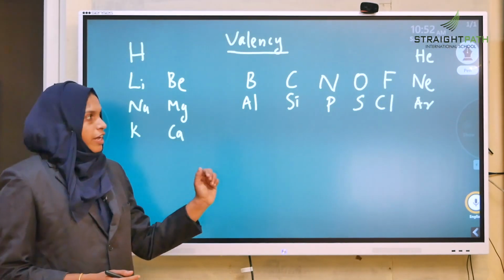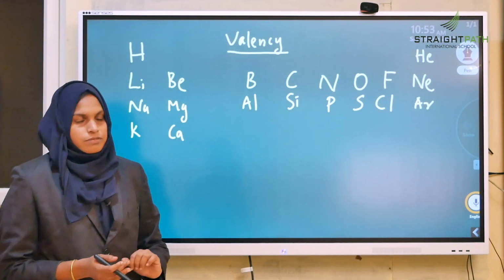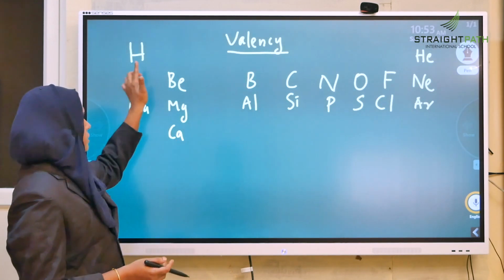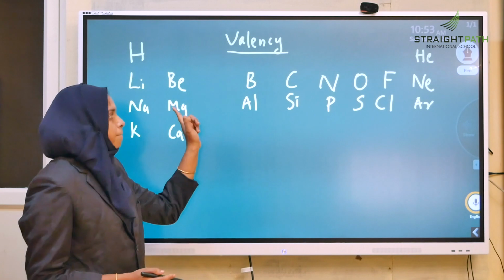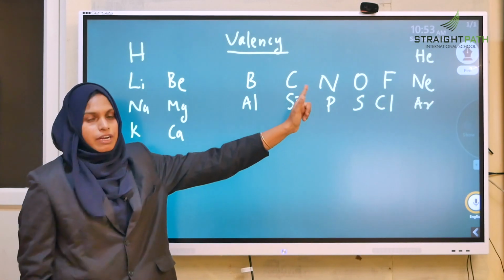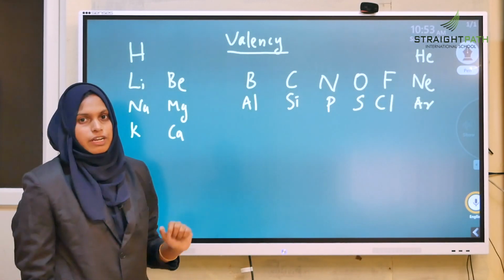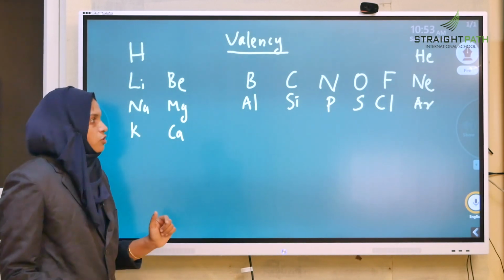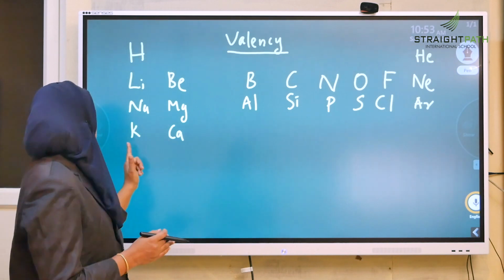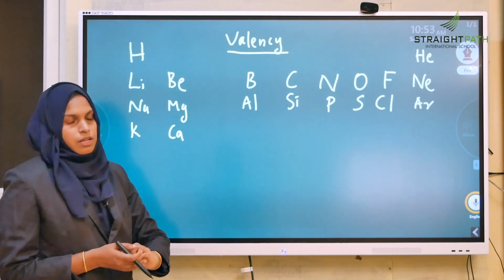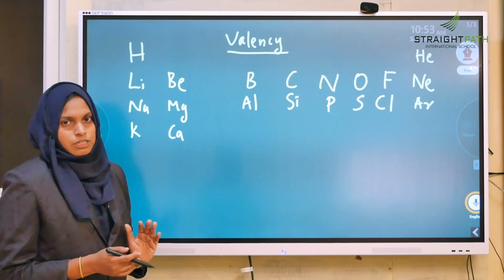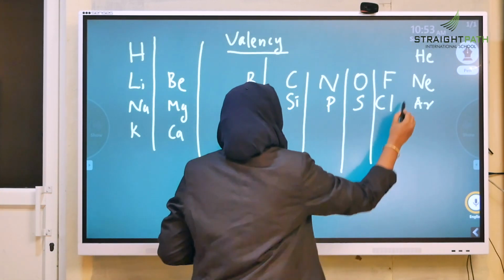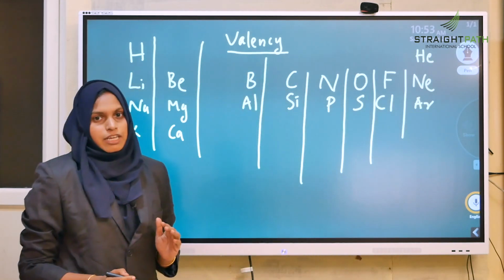Let me write the first 20 elements like this: hydrogen, helium, lithium, beryllium, boron, carbon, nitrogen, oxygen, fluorine, neon, then sodium, magnesium, aluminium, silicon, phosphorus, sulfur, chlorine, argon, potassium and calcium. Like this we write and then arrange it in columns. This is an easy way to study the valency.